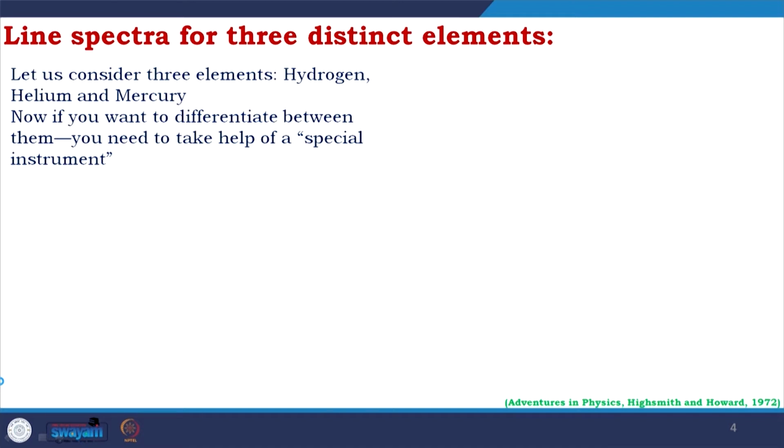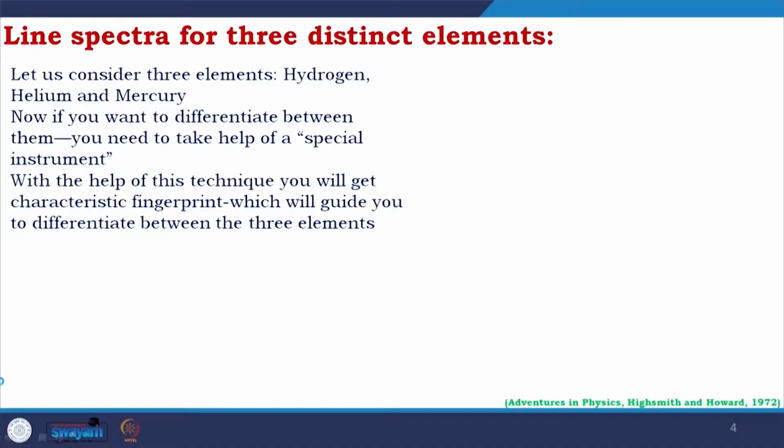That is how we could do our novel experiments. So, you have to take the help of a special instrument. With the help of the special instrument, you will get characteristic fingerprints which will guide you to differentiate between the three elements. So, this is hydrogen, helium, mercury.